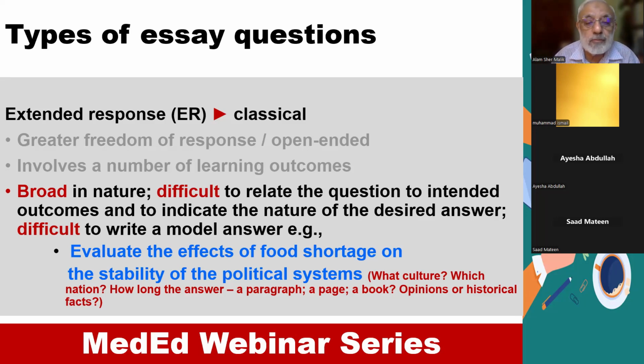Are we supposed to give our opinion? Are we supposed to give historical facts? So this is a classical example of an extended response question, which is broad, difficult to relate to the outcome, and very difficult to write a model answer for.